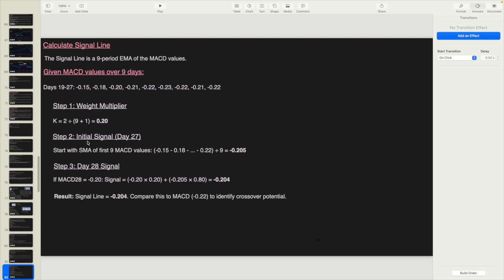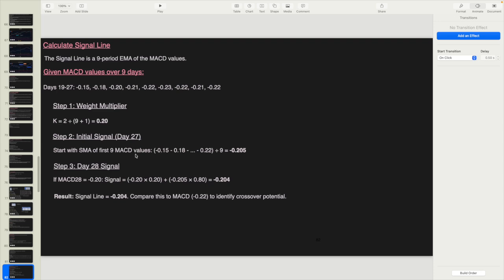Now in step 2, we are going to take the average of all these values, because they have just given 9 period values. So we want the 9 period simple moving average.